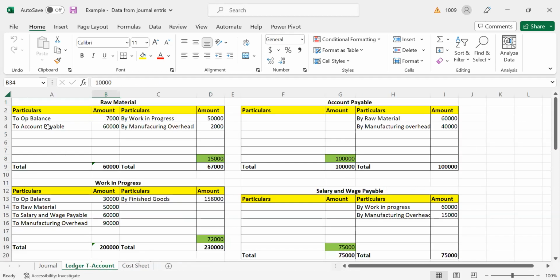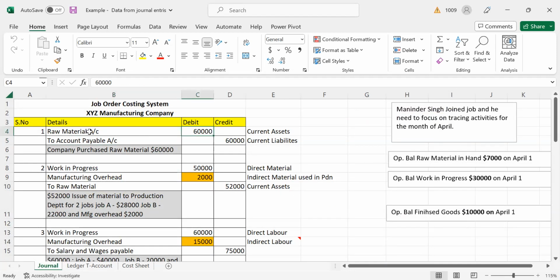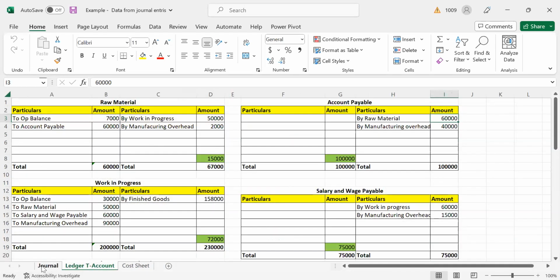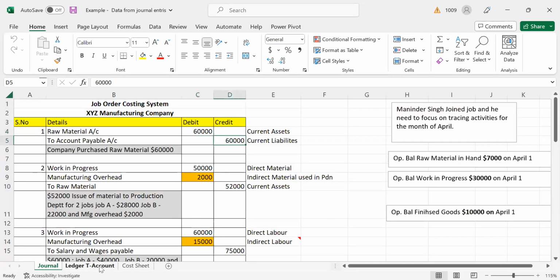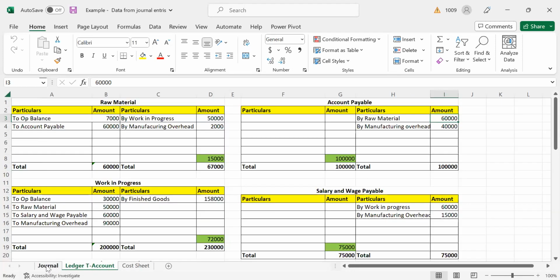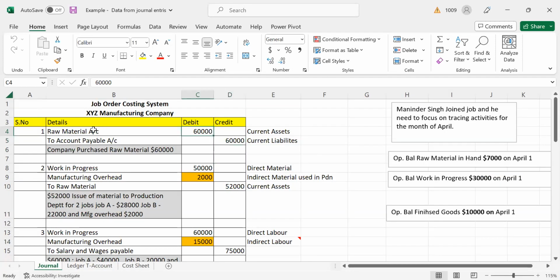So raw material to accounts payable here is 60,000. In accounts payable, you will see the 60,000 here, because a debit balance should be on the debit side, and a credit balance should be on the credit side, corresponding to this account.